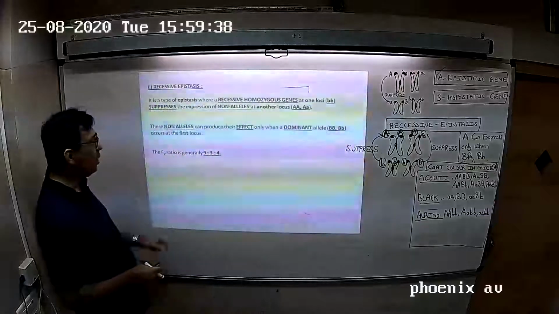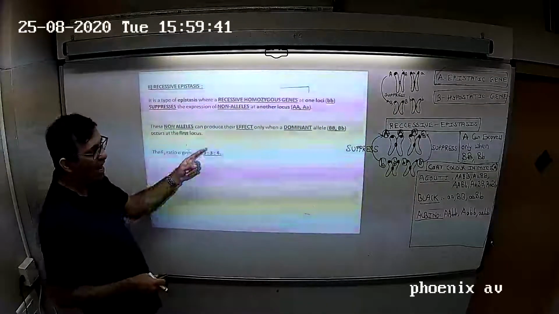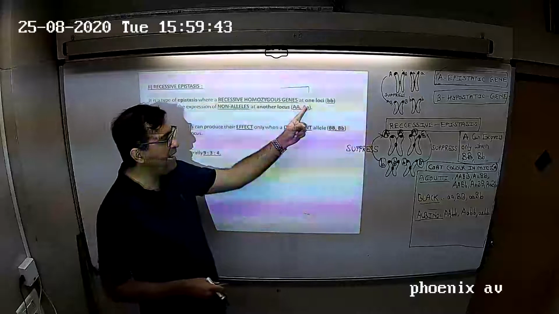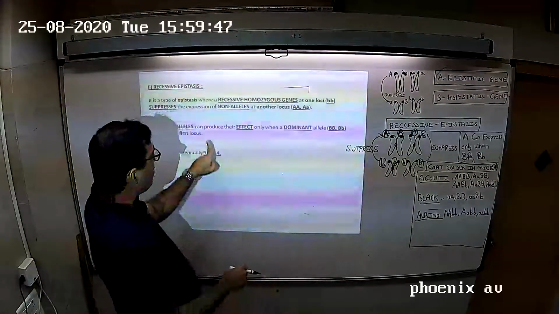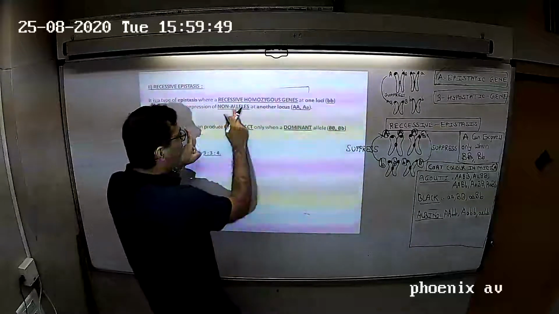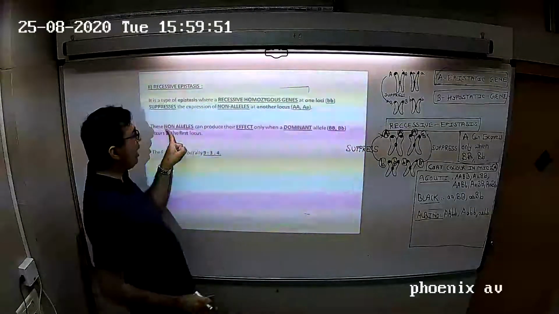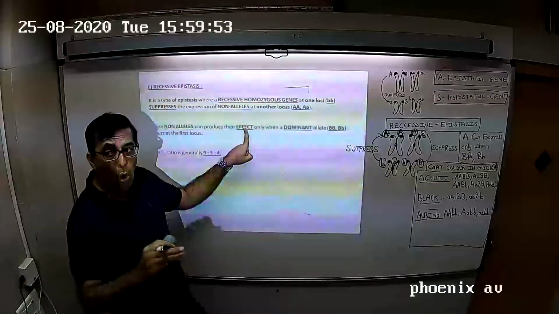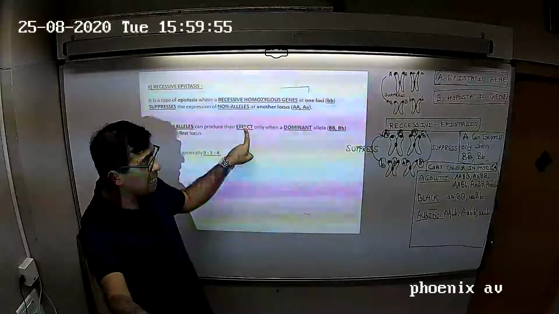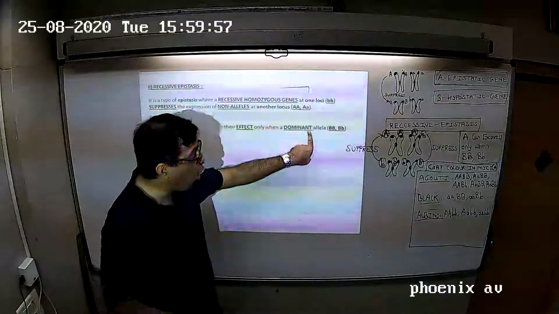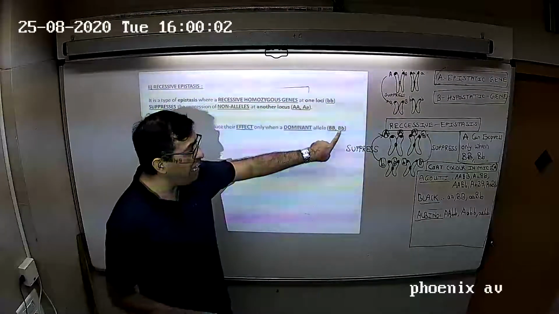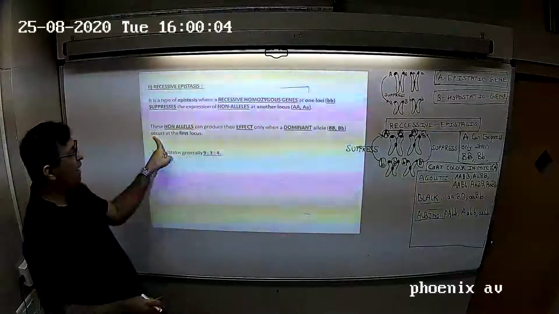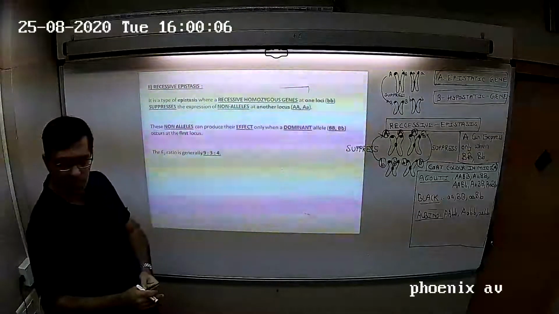So, here, when will capital A, small a produce its effect? When will the non-allele capital A, small a produce their effect? Only when there is a dominant allele, capital B or capital B, small b at the first locus.